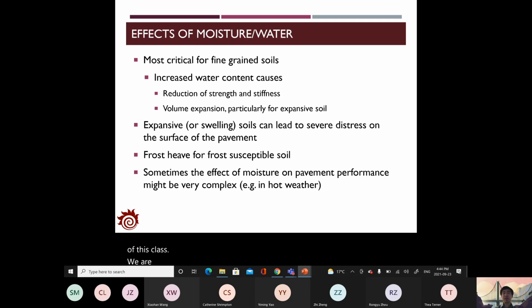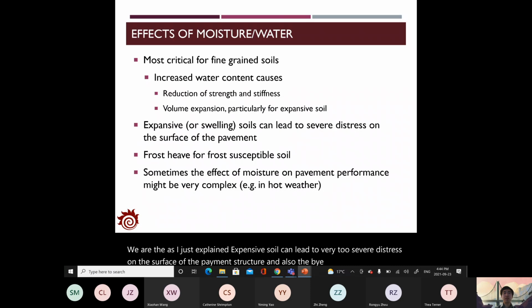As I just explained, the expansive soil can lead to severe distress on the surface of the pavement structure. Also, by increasing the water content, there will be some frost heave effect for the frost-susceptible soil, and this is another issue related to the temperature and also the water content.